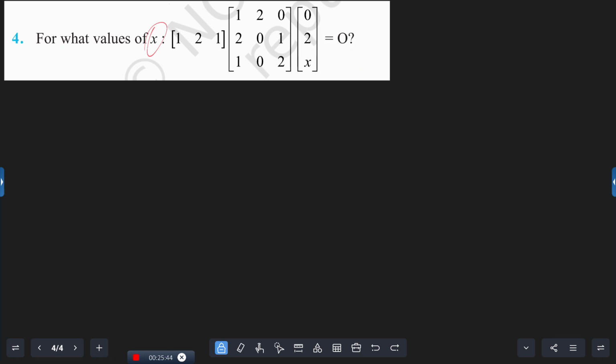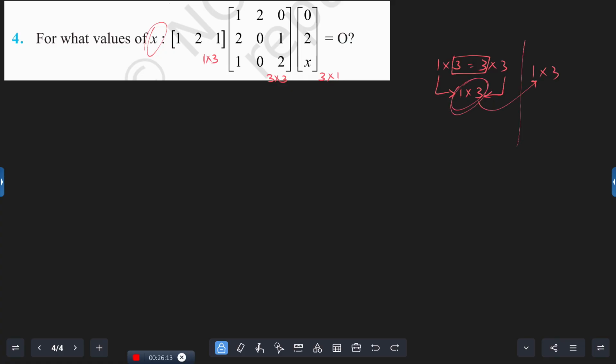Before that, you should check the order. The first matrix has 1 row, 3 columns, and here 3 by 3, and this will be 3 by 1. So each one you have to check. First two you check: 1 by 3 and 3 by 3. This should be same, we said. Yes, same only. Then your answer must be 1 by 3. Then second one, 1 by 3, I'm writing there.